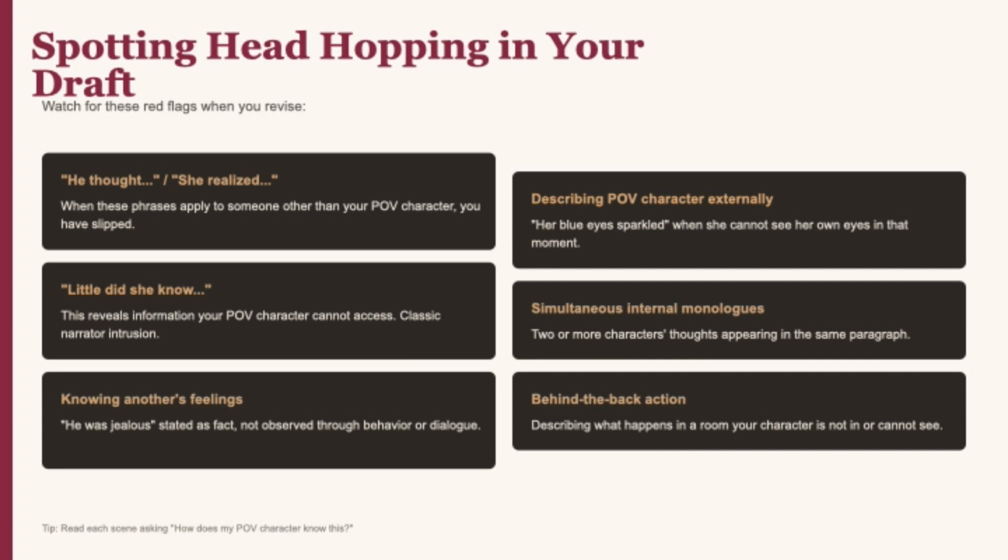So, when it comes to your draft, how do you catch head hopping in your own work? I'm going to give you 6 red flags to watch for when you start to revise and edit your draft. First, watch for phrases like he thought, she realized, when they apply to characters other than the character of the point of view for that scene.